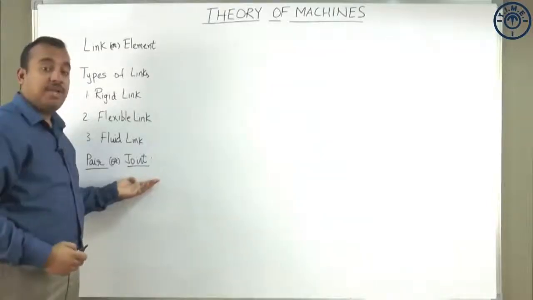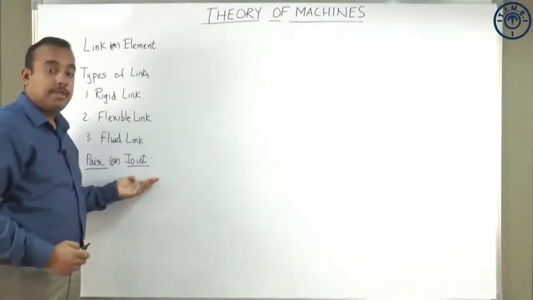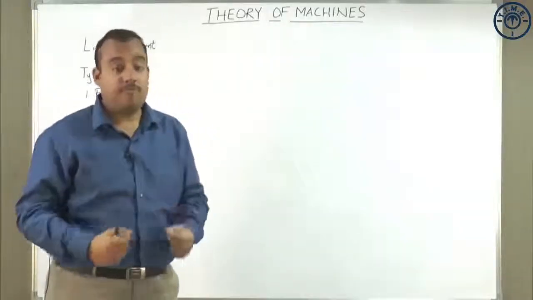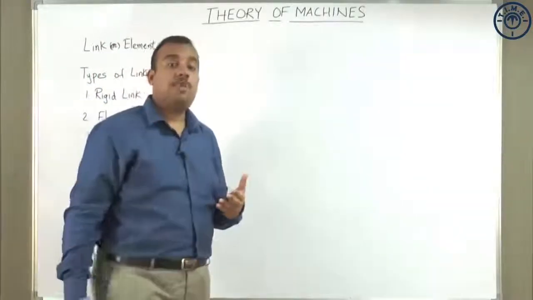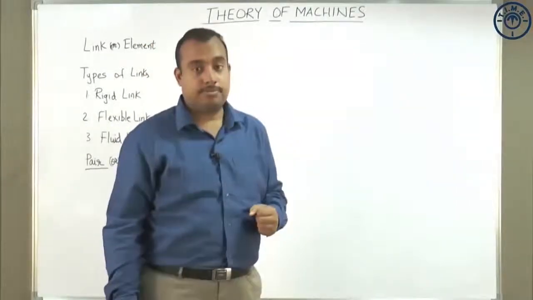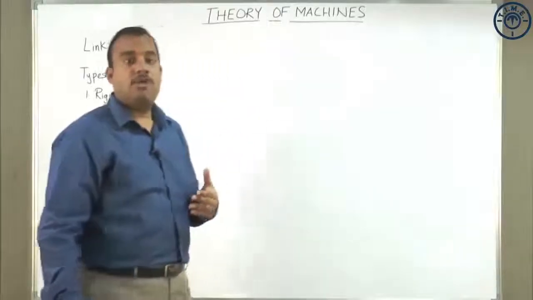Now, after we define a pair or a joint, we have seen that between the two links there will always be relative motion. Now, we have to see what are the different types of relative motions that exist between two links. Types of relative motion.